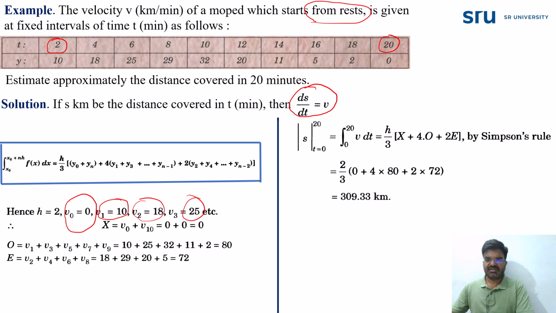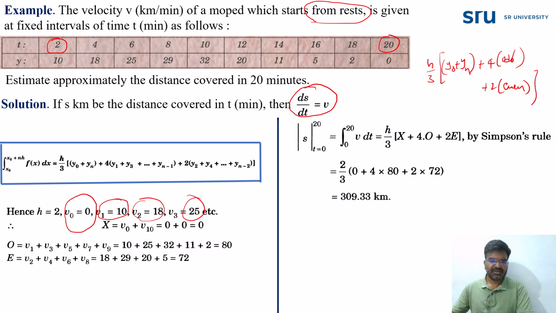In Simpson one-third rule, it is very simple. Already we discussed: h by 3 of first and last values plus 4 into odd plus 2 into even.